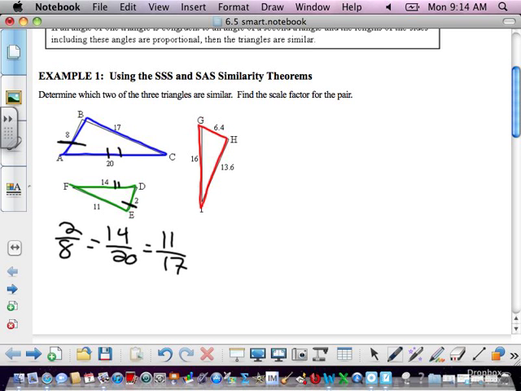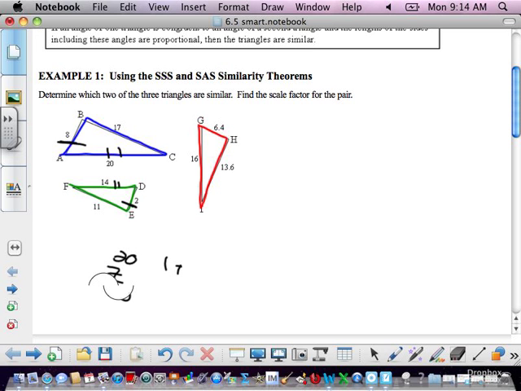Okay, 2 over 8 reduces to 1/4, right? 14 and 20, 2 goes into both of those. 2 goes into 14 7 times and 20 10 times. Are those the same fraction? No. Okay, so we know blue and green are out.